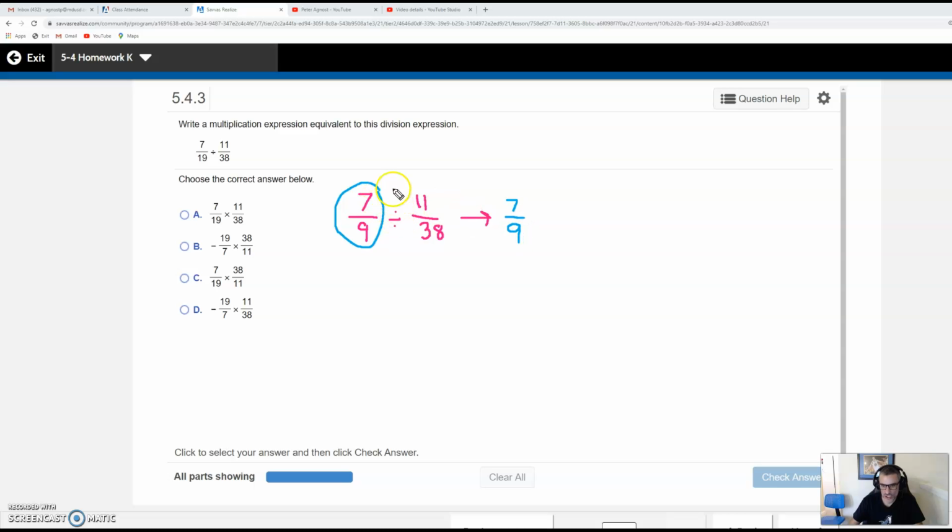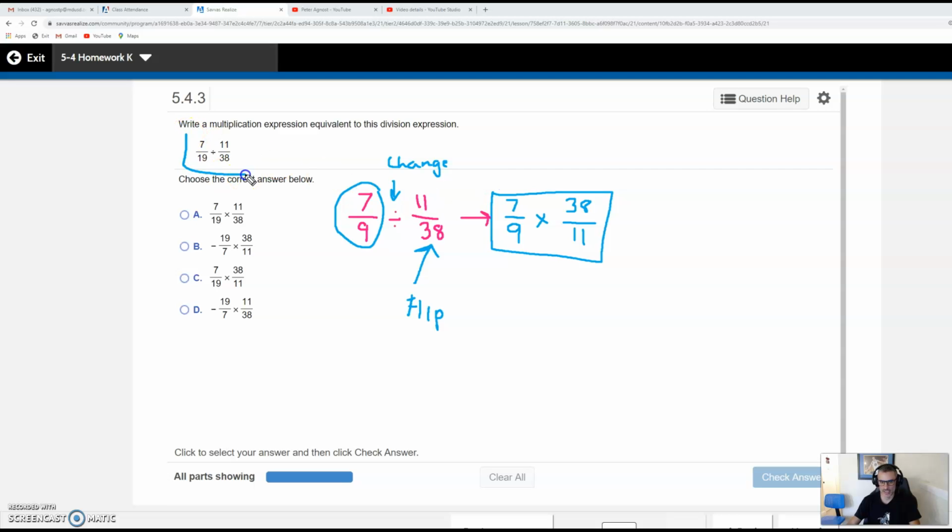I change division to multiplication, and I flip the second fraction to get the reciprocal. So 7/9 divided by 11/38 is the same as 7/9 times 38/11.